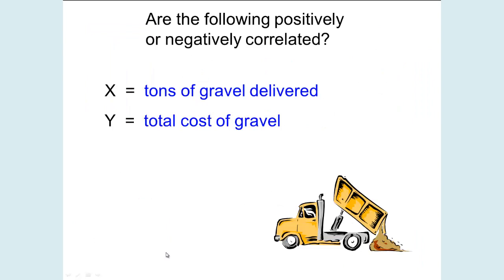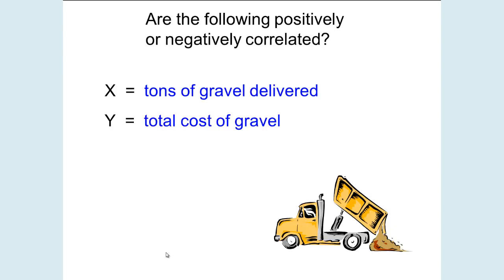Are the following positively or negatively correlated? As a quick refresher, please remember that if they're positively correlated, as x increases, y increases, they're moving in the same direction, or if x decreases, y decreases. Positively correlated means that x and y are moving in the same direction.